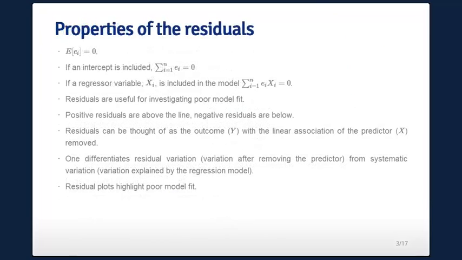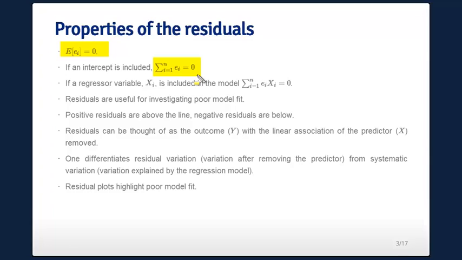So let's talk about a couple things about the residuals. First of all, their expected value is 0. And if an intercept term is included, the sum of the residuals is 0. So that means they can't possibly be independent, because if you know n minus 1 of them, then you know the nth, because they all have to add up to 0.